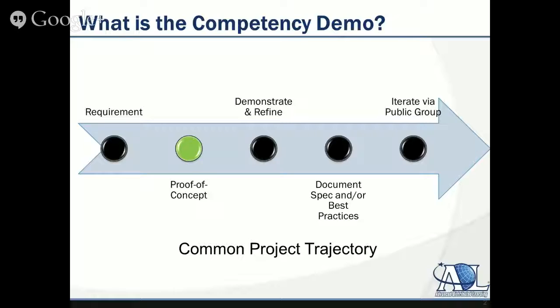But as we learn how these things work together, we'll start to document that. That may look like a spec, that may look like best practices, that may look like software, or a combination of all of the above. And then ultimately, sooner rather than later, this goes to the public. It's out there on our GitHub open source platform, and people can take it and beat it up and come back with comments.